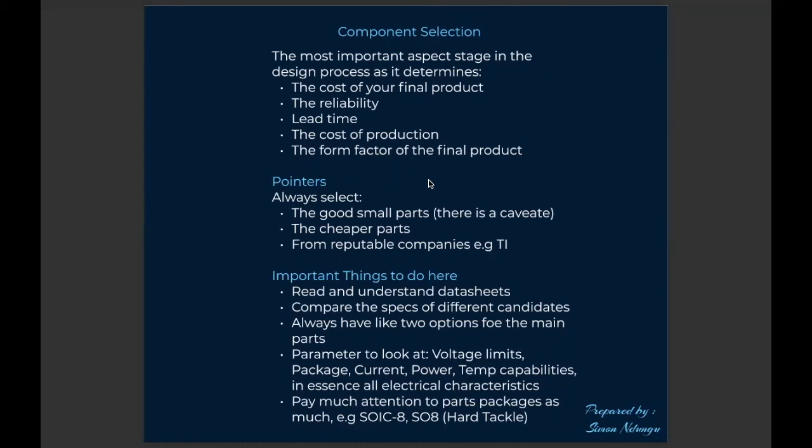Say you want to select this IC over this IC, have a list of specs, see what outweighs the other, and go with the one that has the best parameters: voltage limits, package, current, temperature capabilities. Check also in terms of packages: do I need something big, do I need THT, do I need SMT, and so on. Those are the aspects you consider when it comes to component selection.